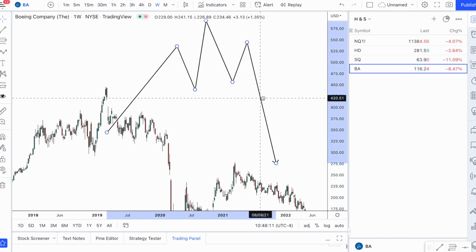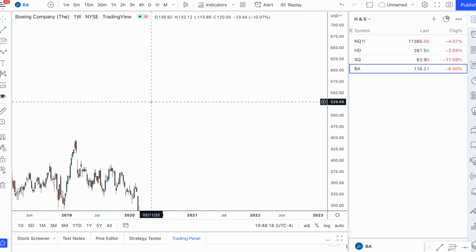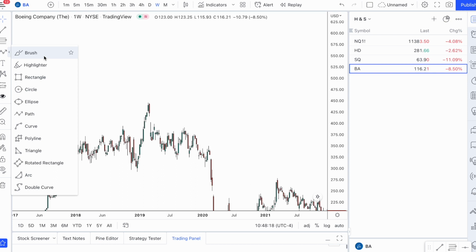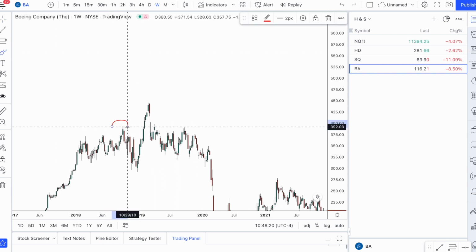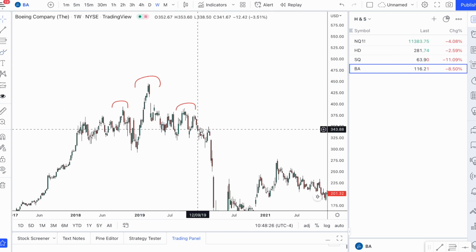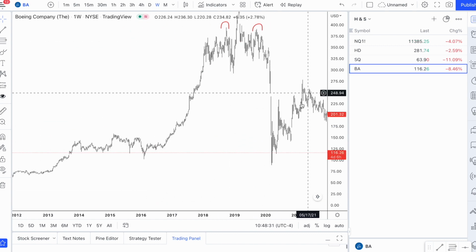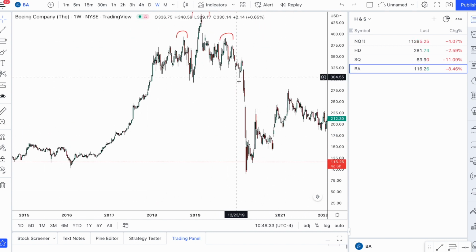If I zoom out, you have your perfect head and shoulders pattern right here, right? If we draw the brush, we have shoulders right there and right there, head. Once you see this pattern forming, that's when you want to get short, stop above the high, and the possibilities are endless with this type of trading.